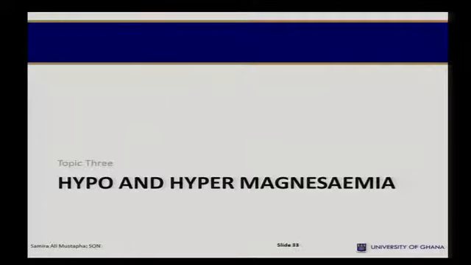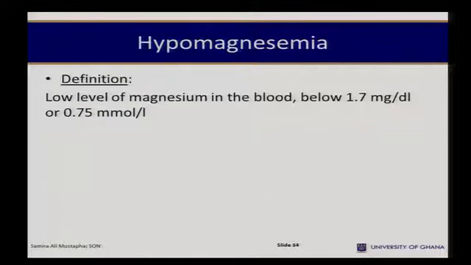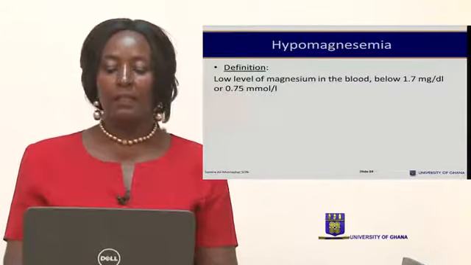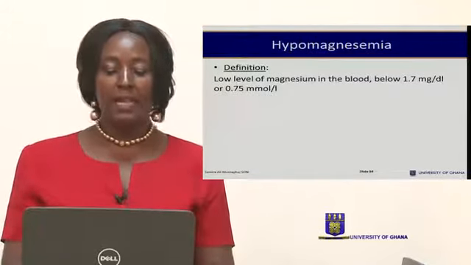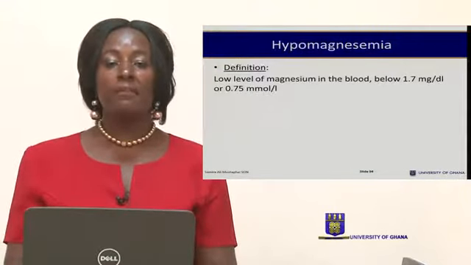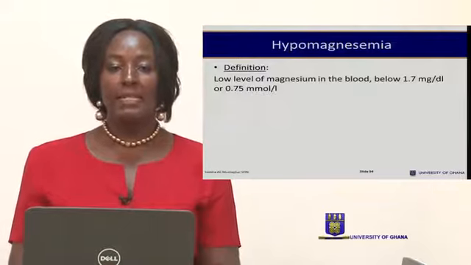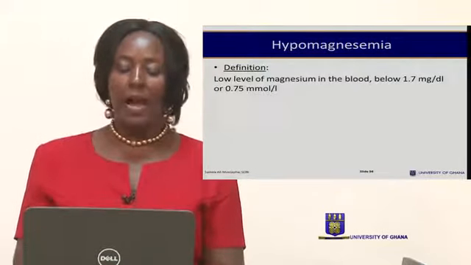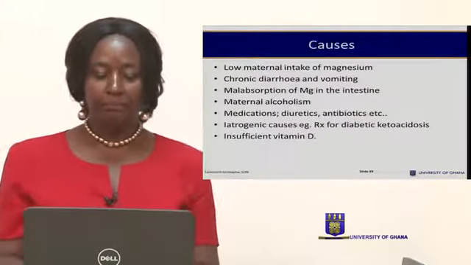So when we come to hypo and hypernatremia, it's also important that we know that low levels of magnesium in the blood below 1.7 milligram per deciliter, but in Ghana we use millimole per liter, so 0.75 millimole per liter is diagnostic of hypomagnesemia.